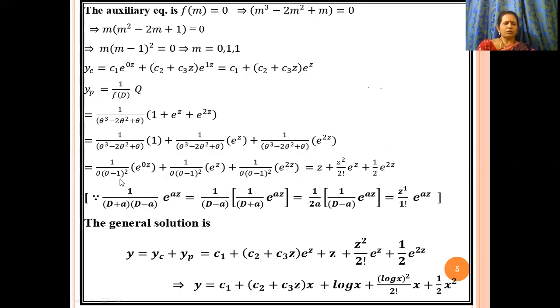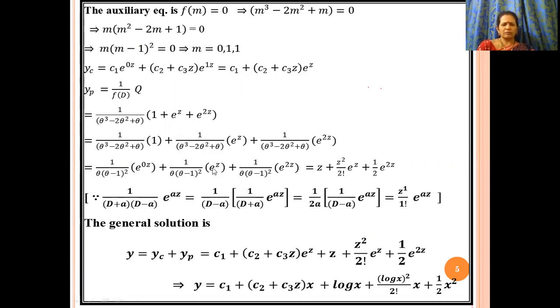In each term theta is common, so f of theta can be written as theta into theta minus 1 whole square. We discussed this in the last lesson. If we substitute theta directly here, we will get 0, so we should not substitute directly here.